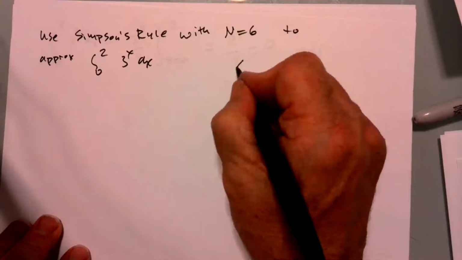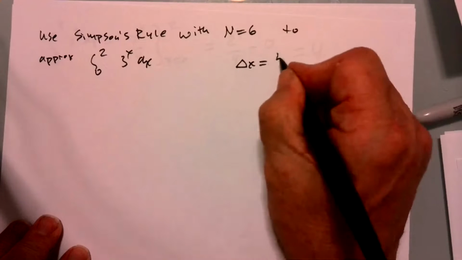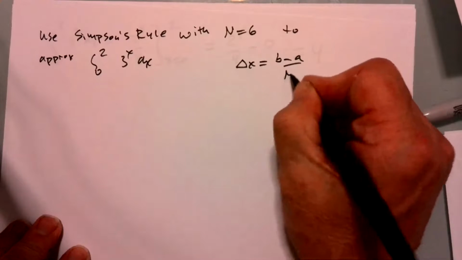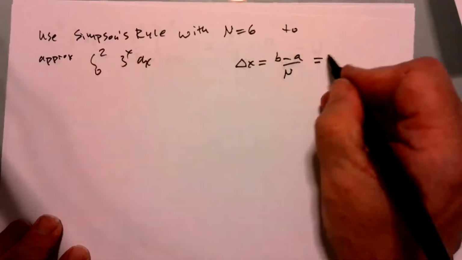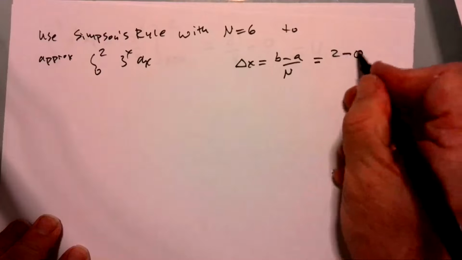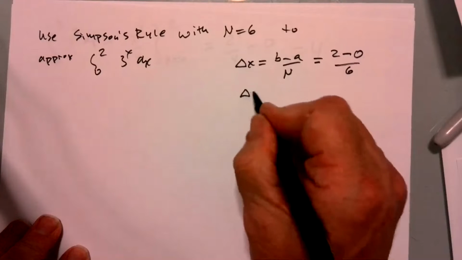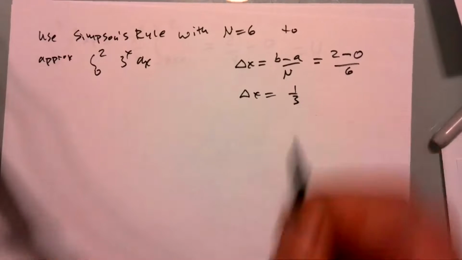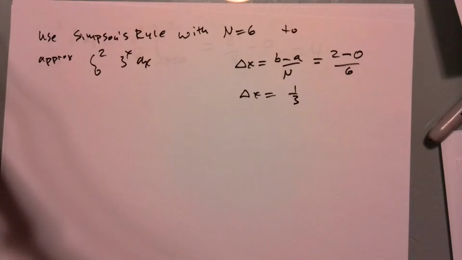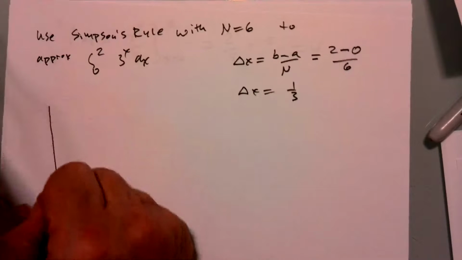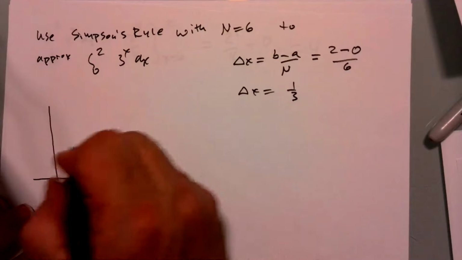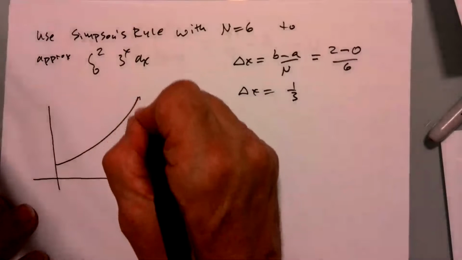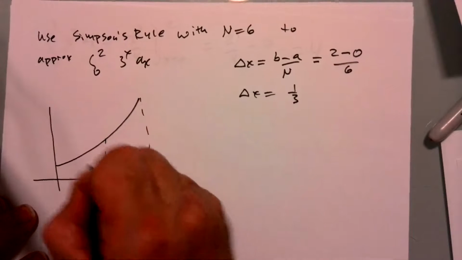So again, change in x in my problem is b minus a over n. In my example here, b is 2, a is 0, n is 6. So the change in x here is 1/3. I like to have a visual to see how this works. 3 to the 0 is 1, 3 to the 2 is 9. We want 6 of these.